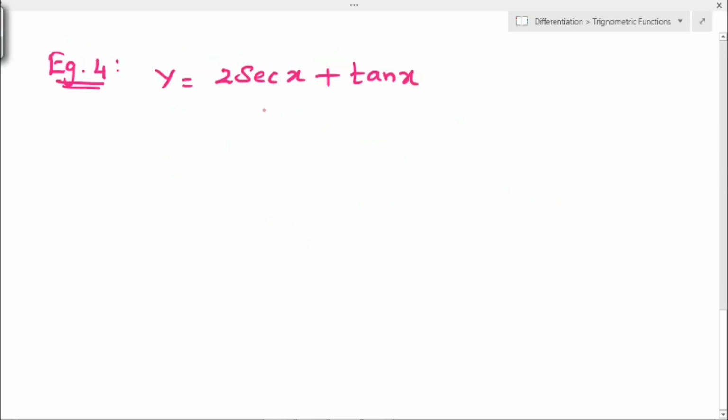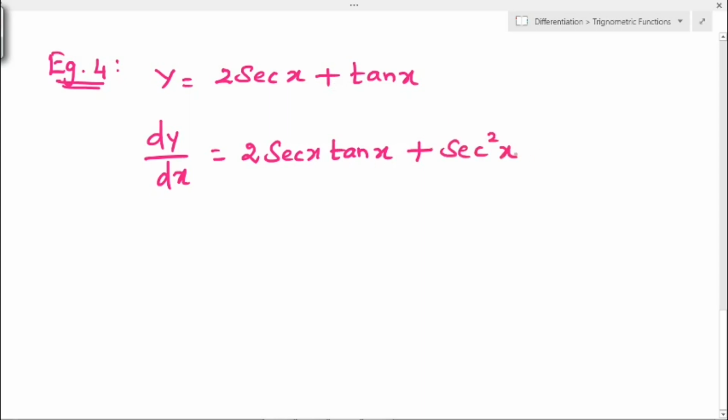Next example, y equal to 2 into secant x plus tan x. So this is again dy by dx equal to, the first term 2 is constant, so 2 into secant x differentiation is secant x into tan x. So the differential of secant x is secant x into tan x, and we have plus tan x differentiation is secant square x.